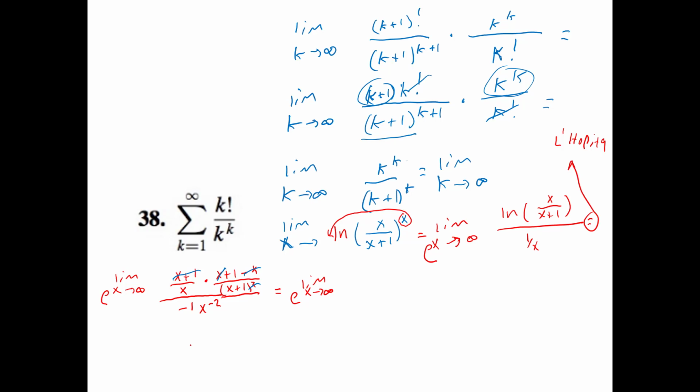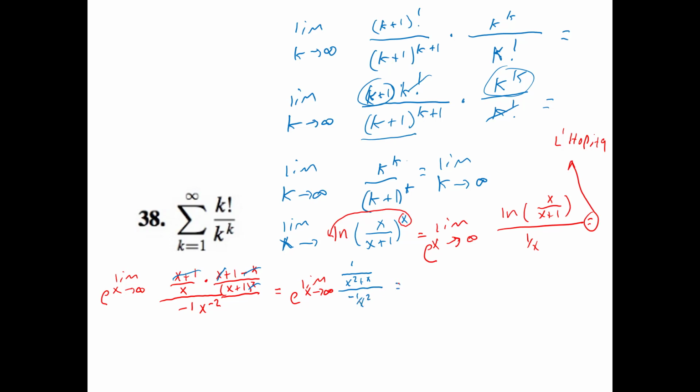Then in the numerator you have x squared plus x, and in the denominator you have negative 1 over x squared.